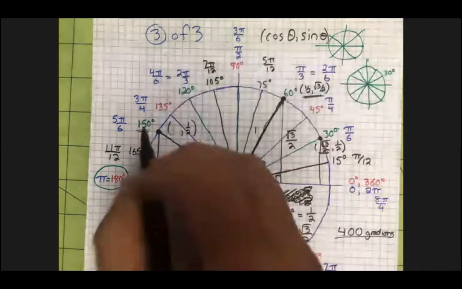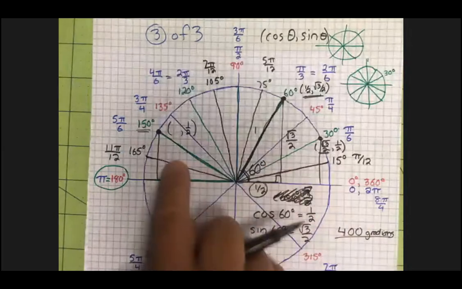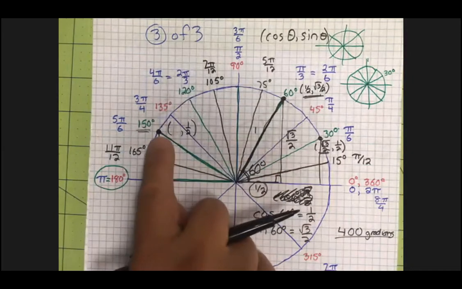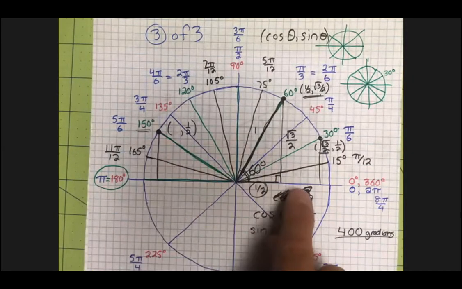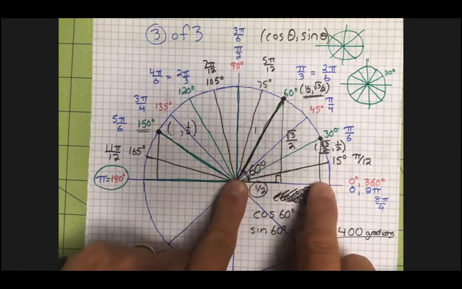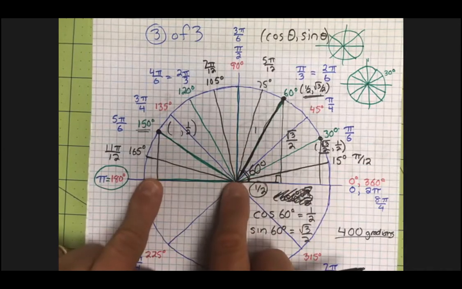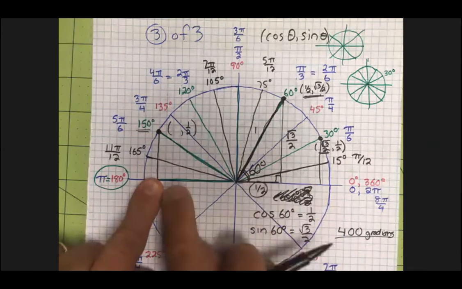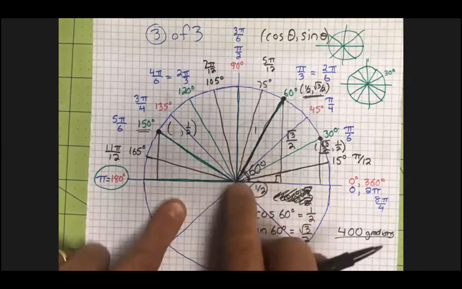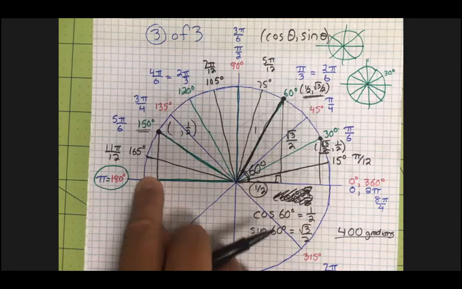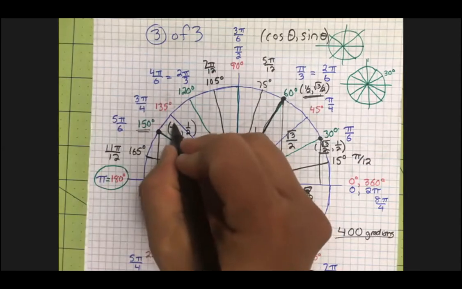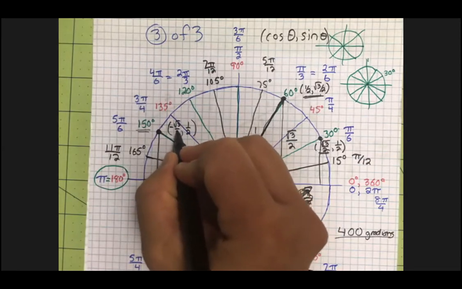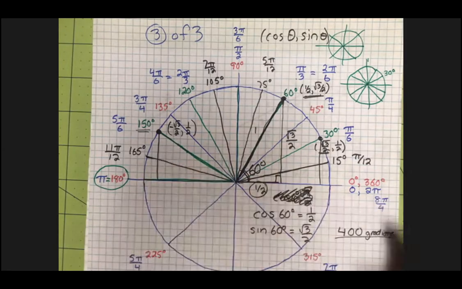What about the cosine, though, of 150? 150 degrees over here. The cosine will be the same length as this length, but it's going in the negative direction. So the name of this point is back root 3 over 2, up 1/2. And back root 3 over 2 is negative root 3 over 2.